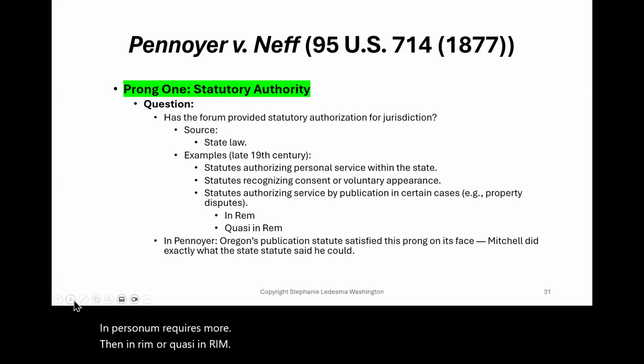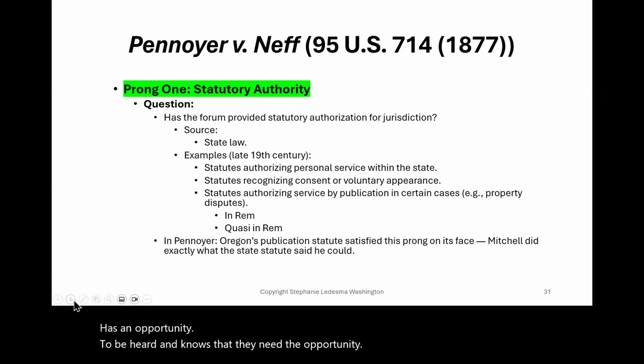More effort, more diligence, more dedicated commitment to ensure that the non-resident defendant has an opportunity to be heard and knows that they need the opportunity.